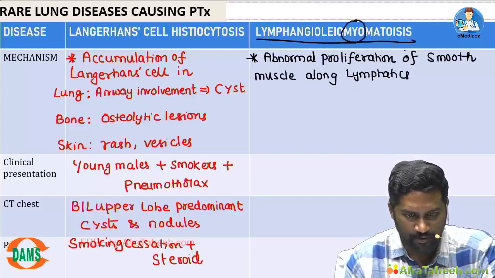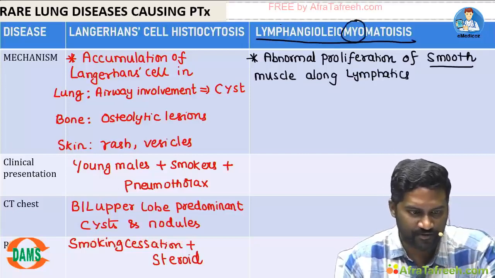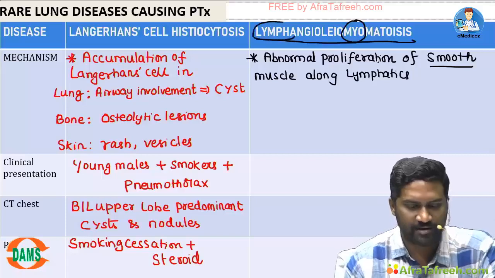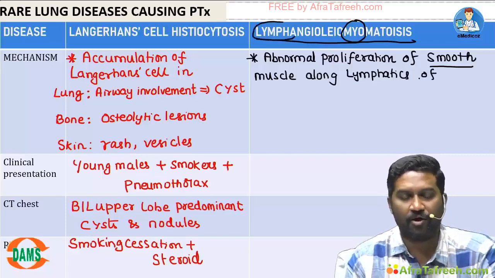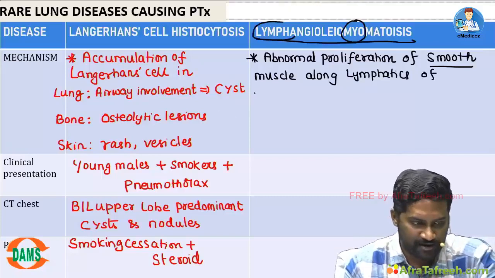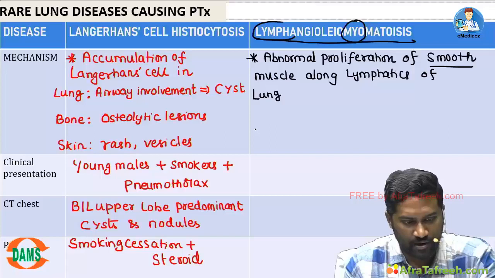There is abnormal proliferation of smooth muscle along the lymphatics of the lung, and also along the lymphatics in the abdomen.